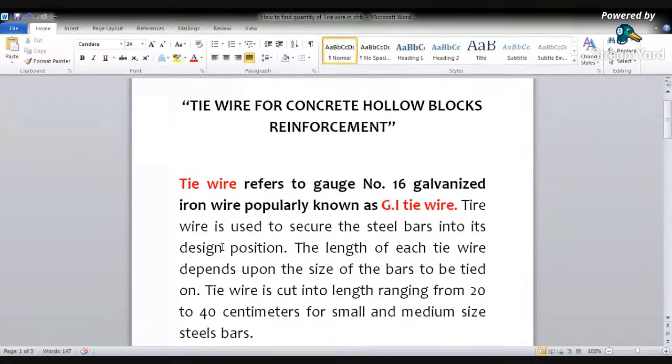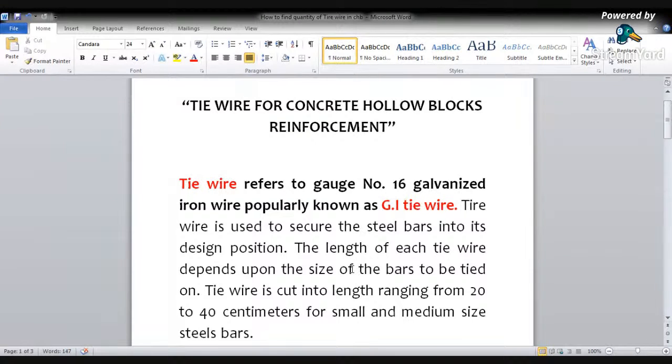So kung bumili tayo ng tie wire, it should be number 16. Tie wire is used to secure the steel bars into its design position. Okay, hindi naman pwede talian natin ng kamay, kailangan natin ng pangtali. Ito yung tie wire.